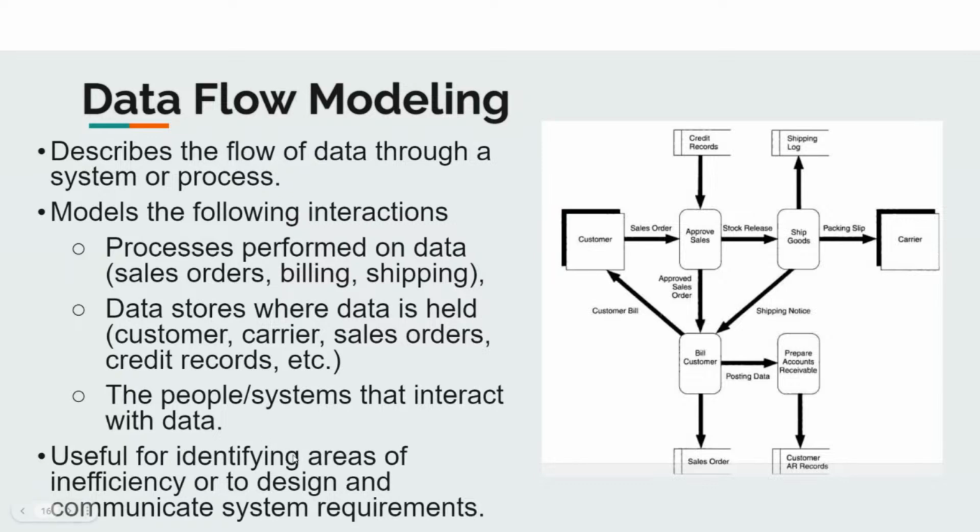It is also useful for identifying areas of inefficiency or design and to communicate system requirements. So you can start to see this in data if there are a lot of errors or people are doing things wrong. You as a data analyst could put this in a dashboard or report and see the things they aren't doing right in their process and then make those corrections.